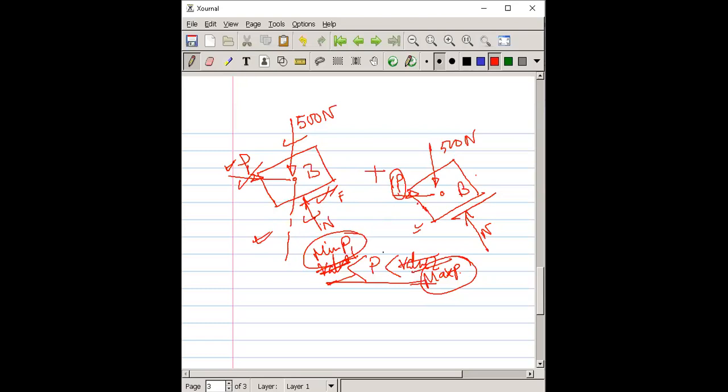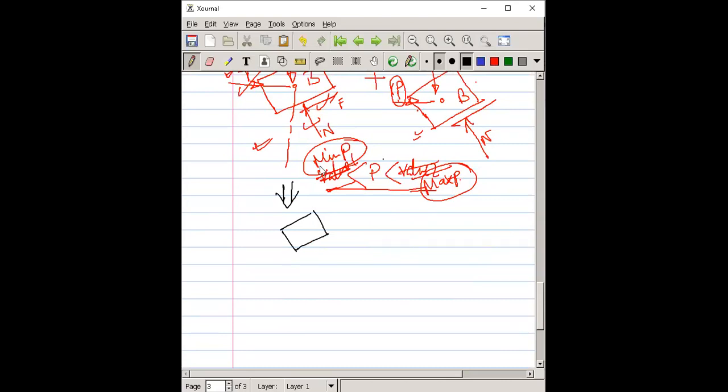Okay. So how to solve that type of thing? See, for this case, this is in this direction and this is in this direction. Okay. So your resultant should be in this direction.